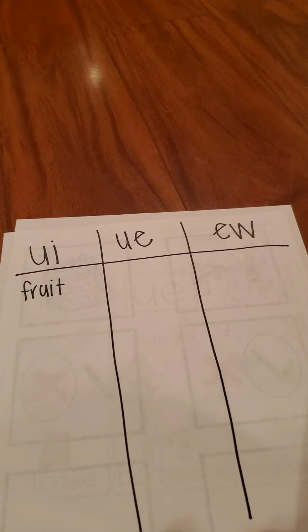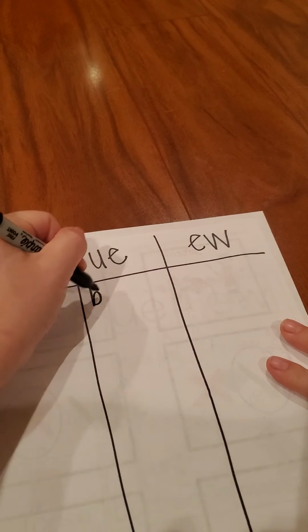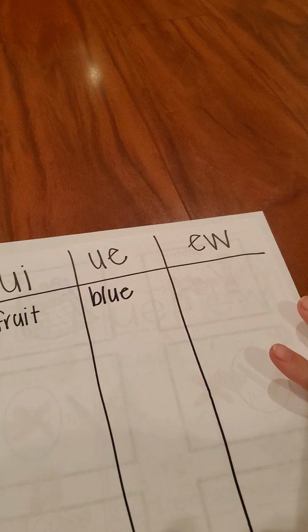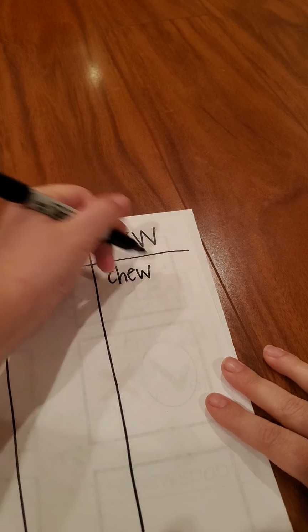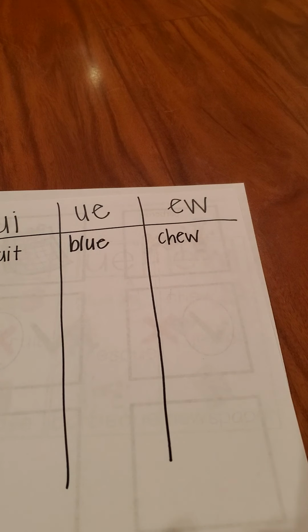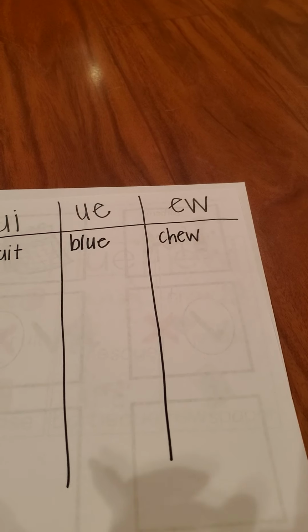So ask them, what words do you know that have that oo sound? Fruit, blue, chew. And then I mentioned last week, say your child says moon. Well, yeah, moon does say oo, but moon is actually a diphthong.